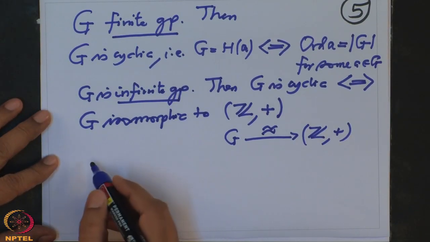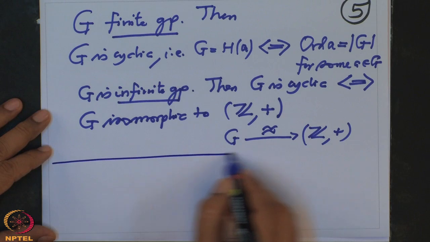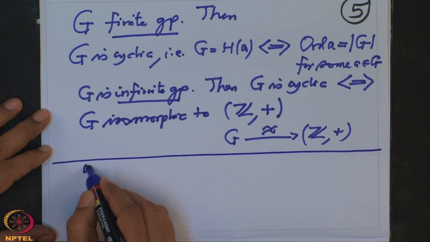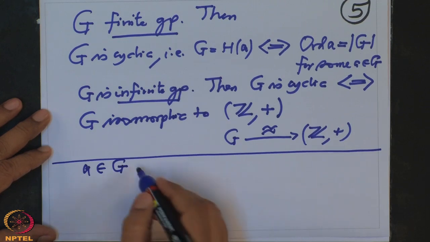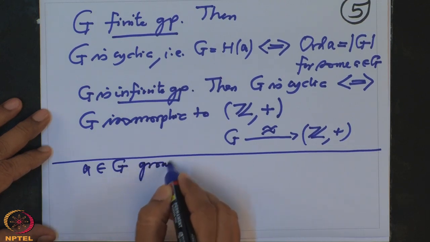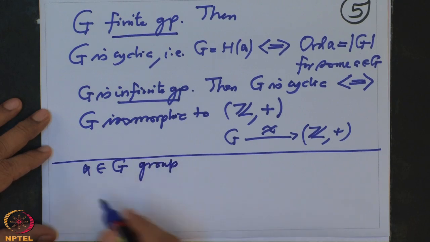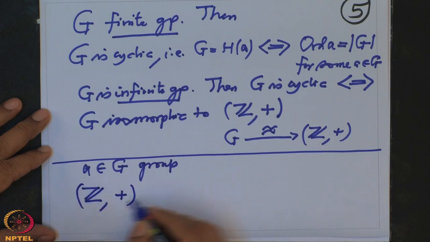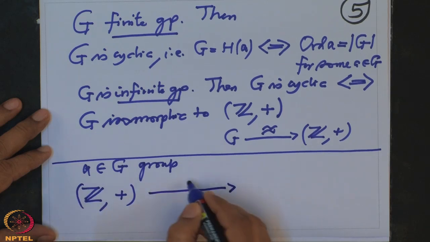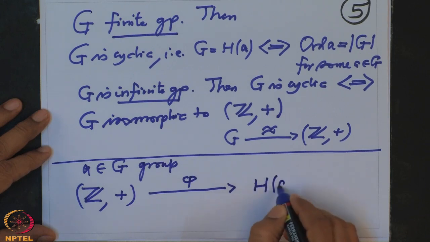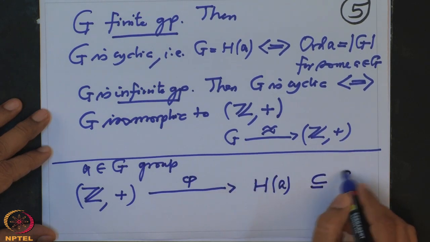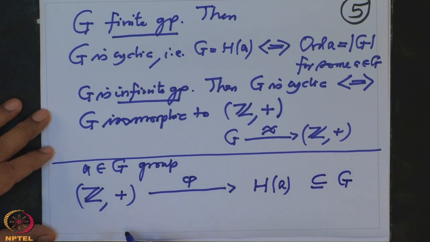All right. How is this isomorphism done? That is done as follows. More generally, given any group G and any element A in the group G, where G is an arbitrary group and A is an arbitrary element there, we have a map phi from Z plus to G, which goes inside H of A, a subgroup of G. What is the map?